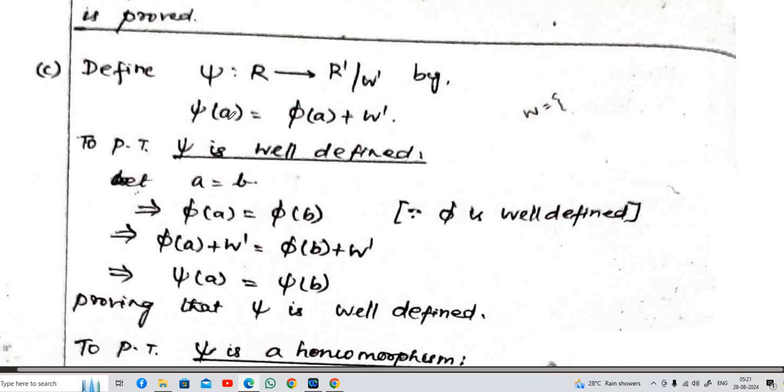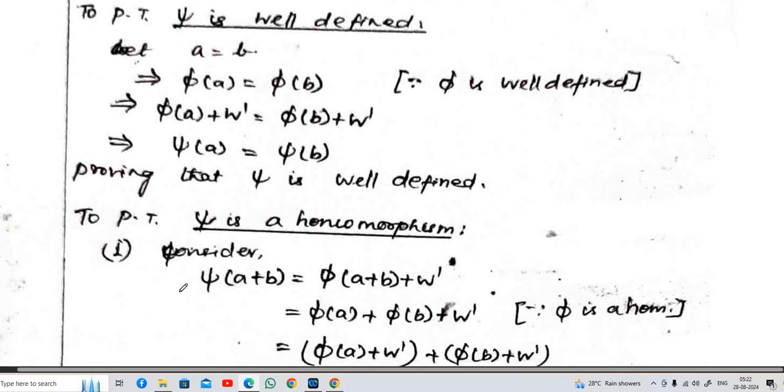When you consider two elements in the domain to be equal, A equal to B, then phi of A should be equal to phi of B. That's because phi is well defined. And this step is obvious, but this is nothing but psi of A, and the other one is psi of B. So you have your psi to be well defined.